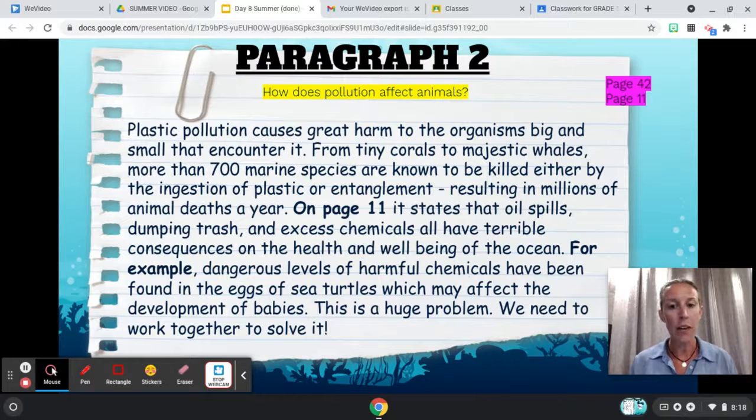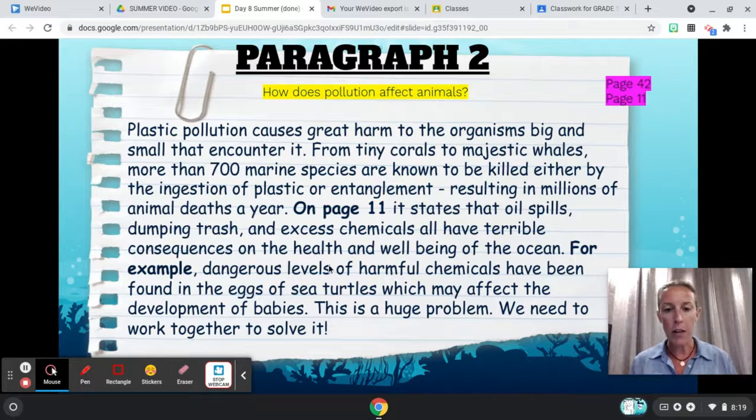On page 11, it states that oil spills, dumping trash, and excess chemicals all have terrible consequences on the health and well-being of the ocean. For example, dangerous levels of harmful chemicals have been found in the eggs of sea turtles, which may affect the development of babies. This is a huge problem, and we need to work together to solve it.